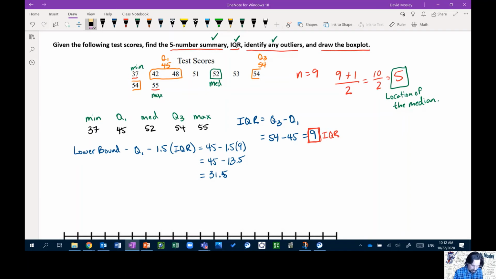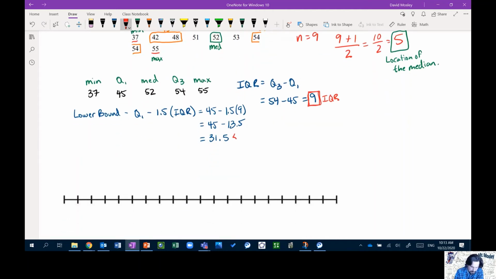All right, and so what that means, what we found, is that any number lower than this is an outlier.